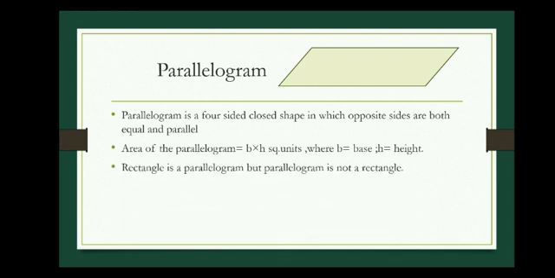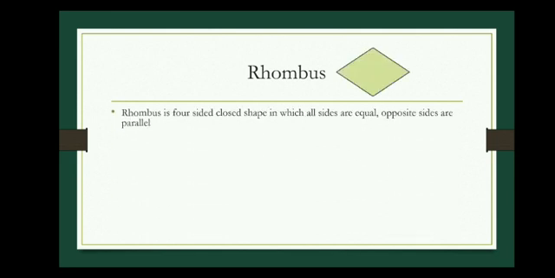And this is very important: a rectangle is a parallelogram, but all parallelograms are not rectangles. Next, in the next video we saw about the rhombus. A rhombus is also a four-sided closed figure in which all sides are equal and opposite sides are parallel.